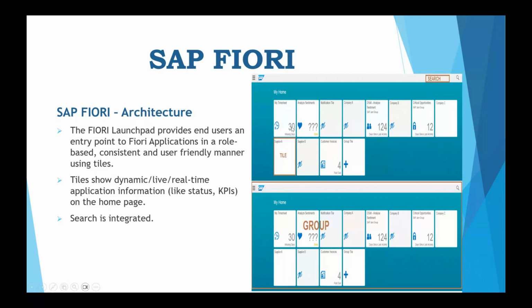Then there are KPI tiles, where you can see a chart, for example how many postings have happened based on the company code, in the tile itself instead of going inside the application. You also have a search to find apps. So the SAP Fiori Launchpad is an entry point for end users to access Fiori applications.